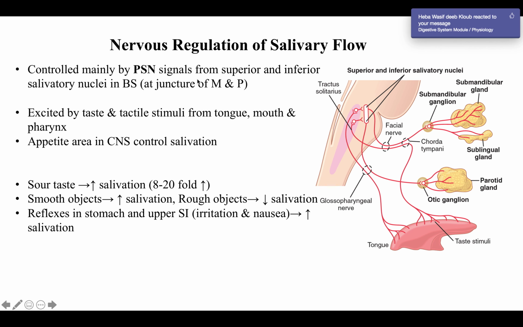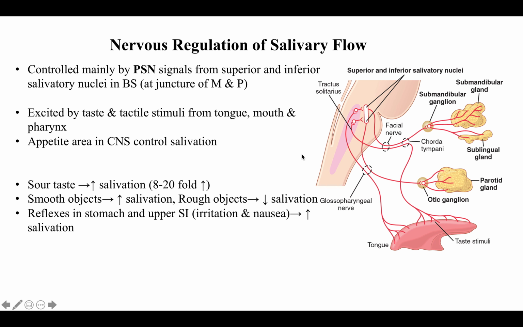Now, the nervous regulation of the saliva is controlled by both the sympathetic and parasympathetic nervous systems. Talking about the parasympathetic nervous system, coming from the superior and inferior salivary nuclei in the brainstem, that is excited by any stimuli from the tongue, from the mouth, from the pharynx, and even any appetite area in the central nervous system will control the salivary process.